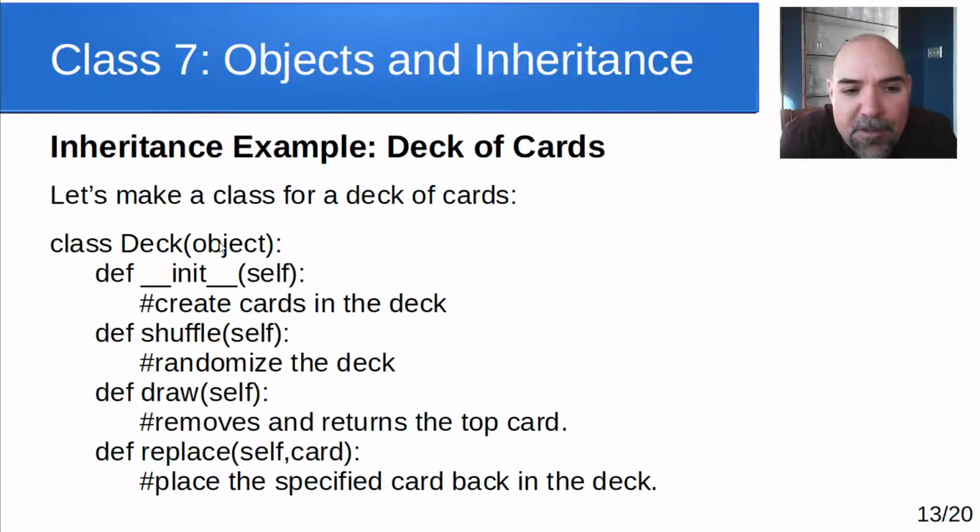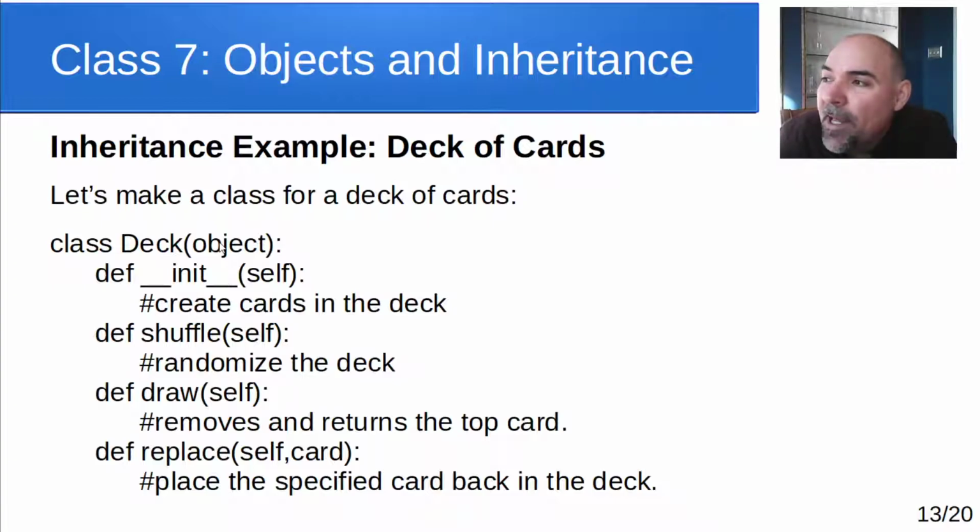So you might think, well, the constructor creates all the cards, all 52 of them. Shuffle just randomizes it, mixes up the order. Draw removes one from the top. Replace, we have to know which one we're replacing, but we put it back in at the bottom.